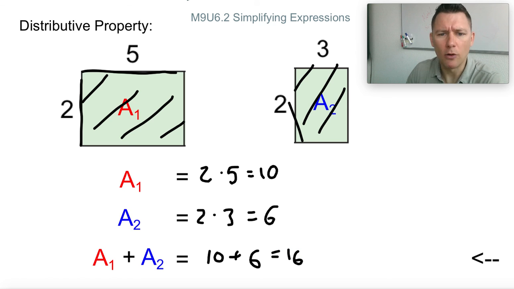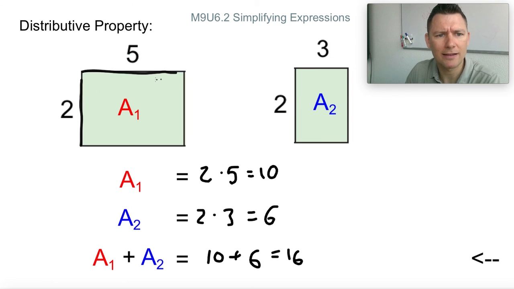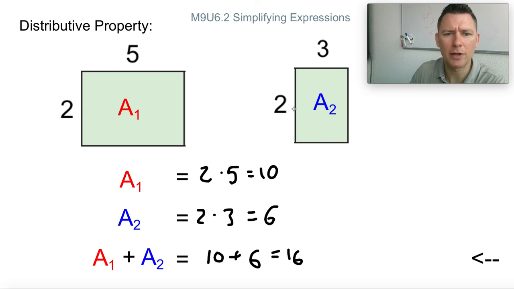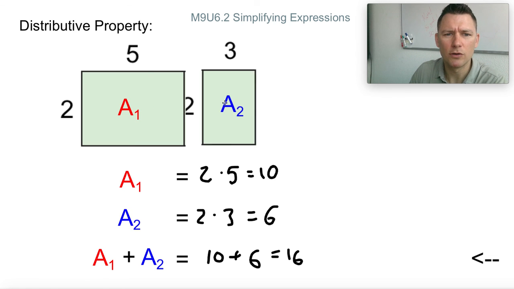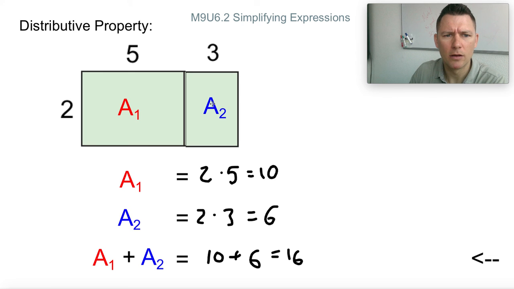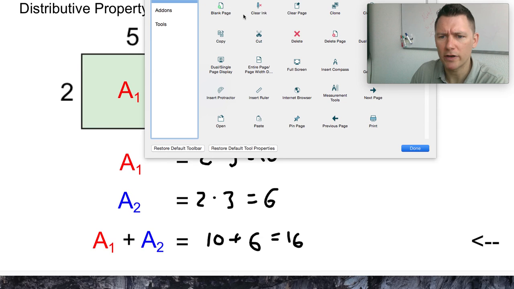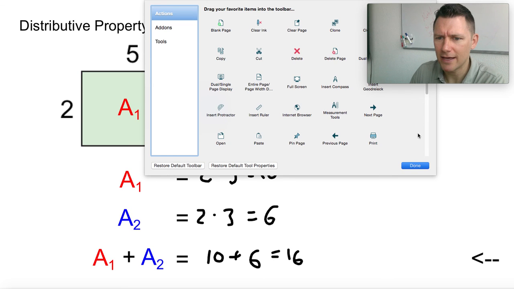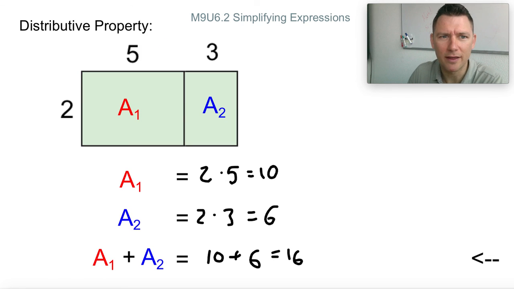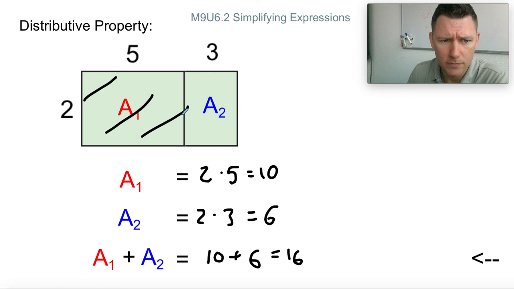Fine. Another way to think about this is like this. You can say, all right, well, I've got these 2 boxes. Instead of multiplying twice, you could say, well, this area is 2 times 5, this piece, plus 2 times 3, right?